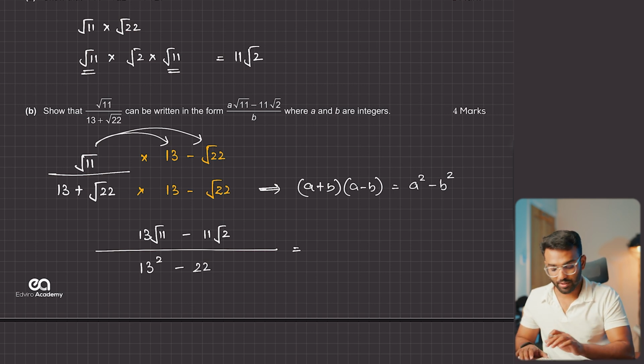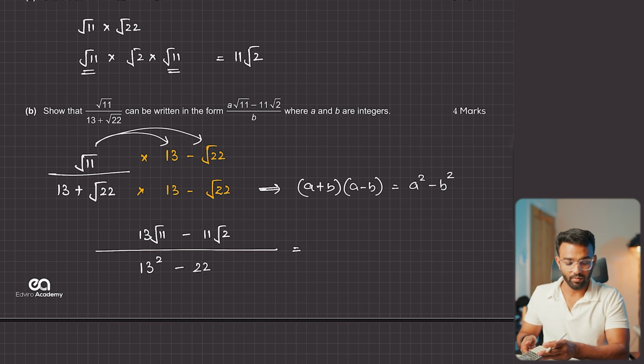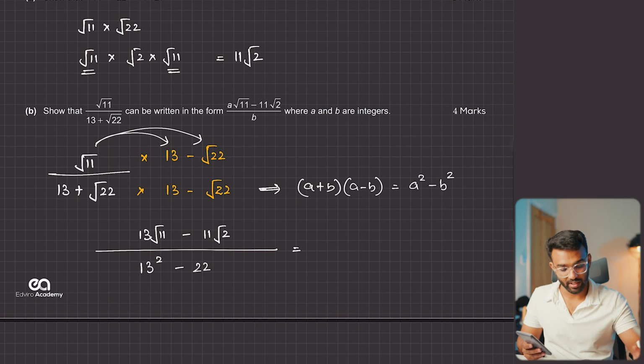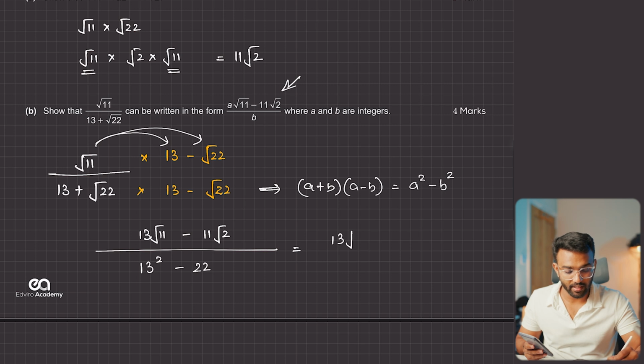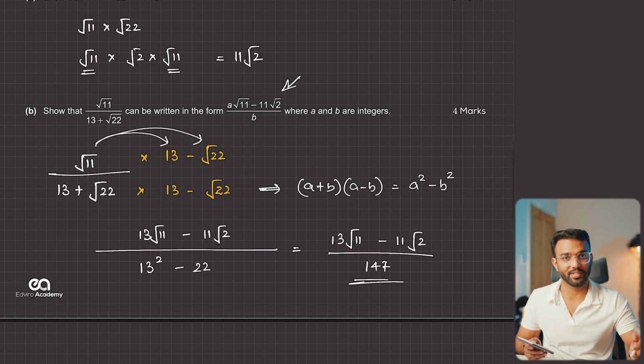So the bottom is 13 square, which is 169, minus 22, which is 147. So you can see that it's already in this form. We're done, really. So 13 root of 11 minus 11 root 2, divided by 147. And there we go. That's how we solve this question.